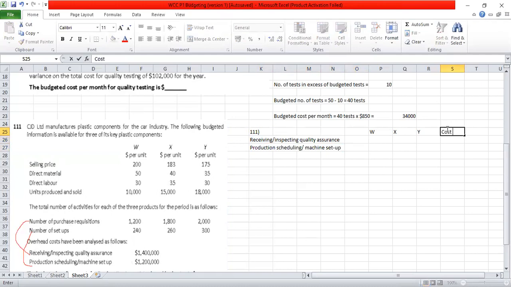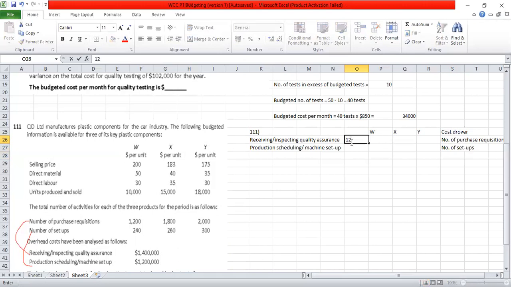The cost driver is number of purchase requisitions. The next one is number of setups. Then what will be the ratio? 12 is to 18 is to 20.